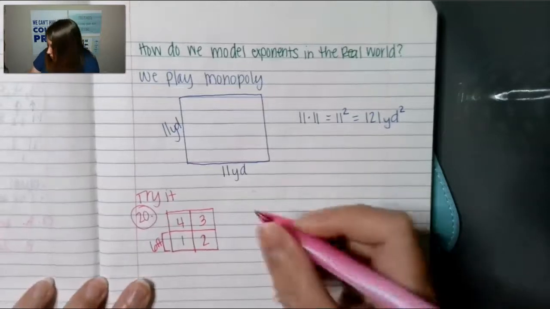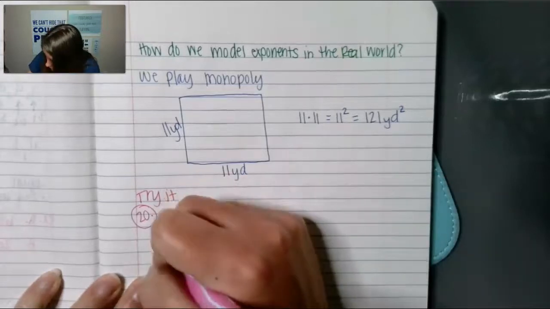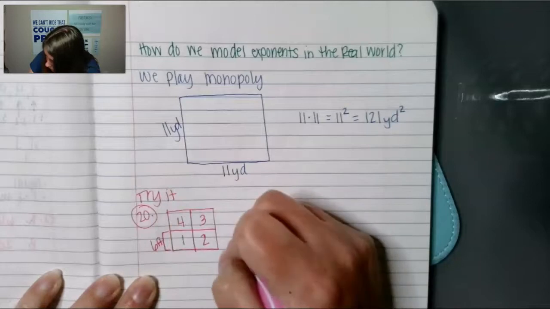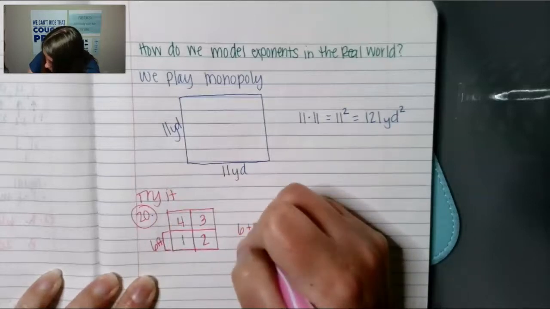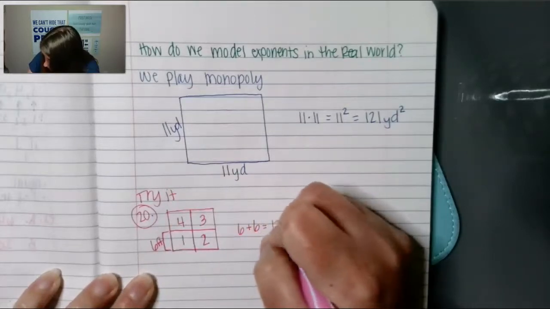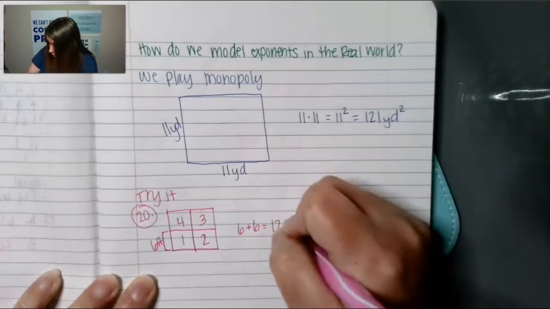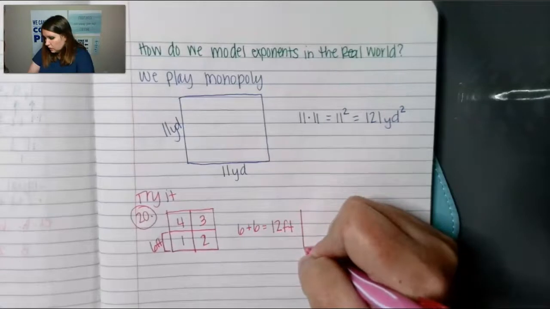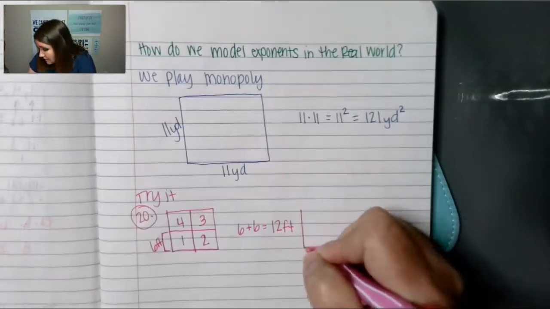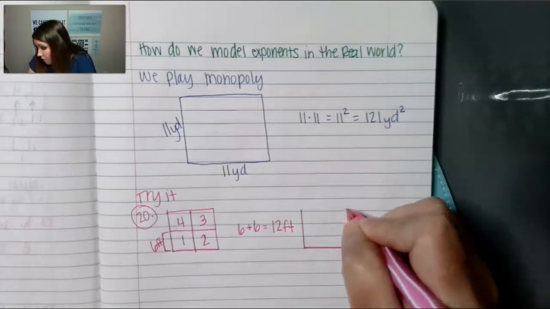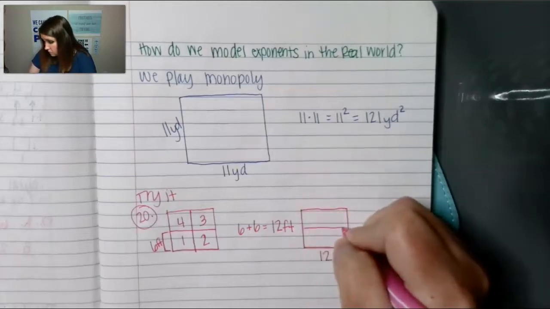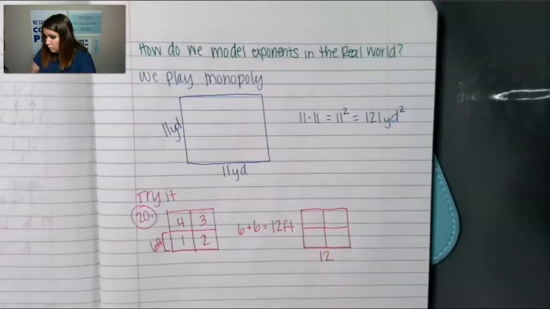All right, here we go. So I know that this one is 6, so I'm also going to add 6 more over here. So 6 plus 6 gives me 12. So one whole side is 12 feet, which means since this is a square, the whole thing is 12 by 12.